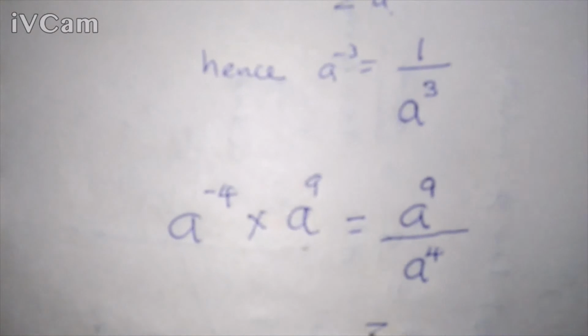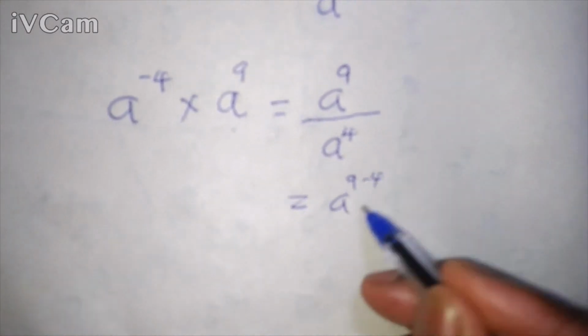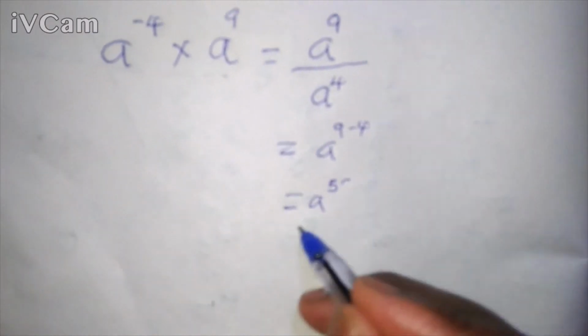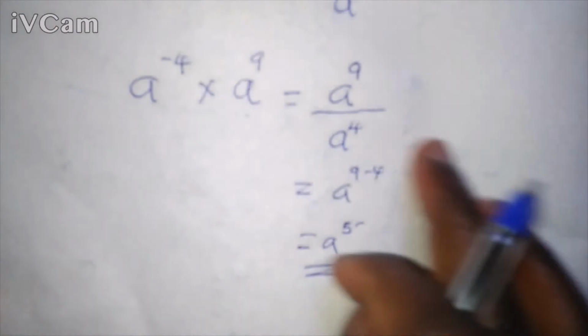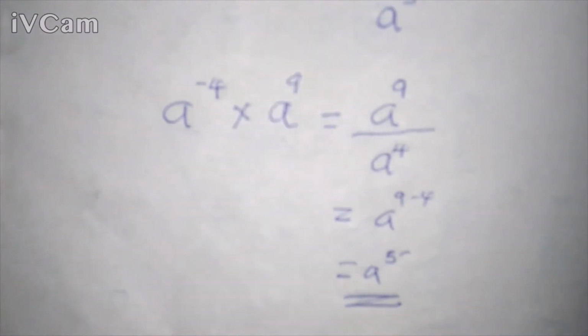And now we can subtract them and say a^(9 minus 4), which is a^5. You can basically do that in a mathematical operation and you have your answer.